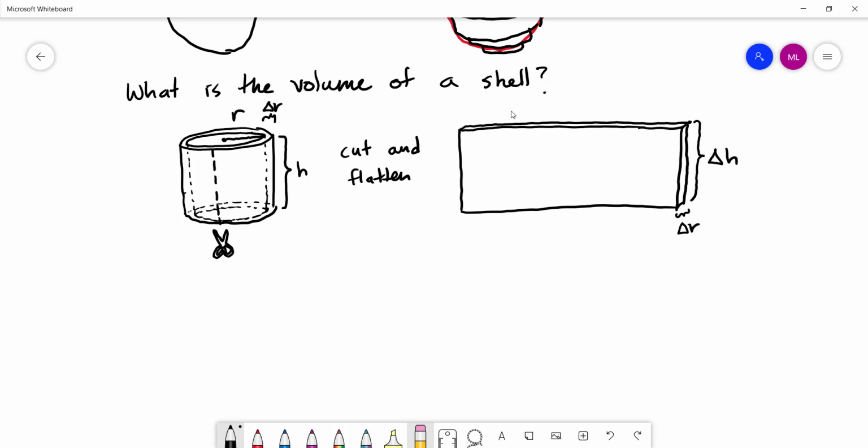And the circumference, hopefully you'll recall, is 2 pi r. And so that's our formula, or our dimensions of this flattened sheet.